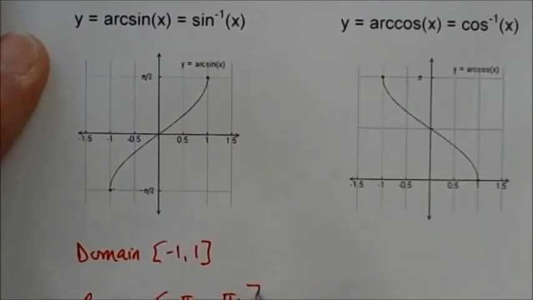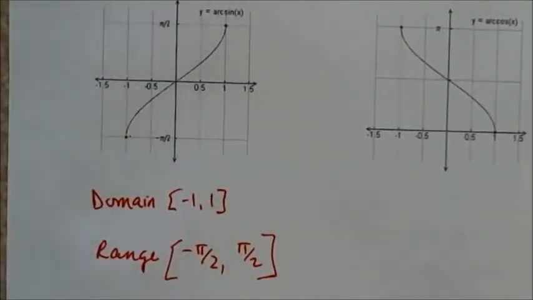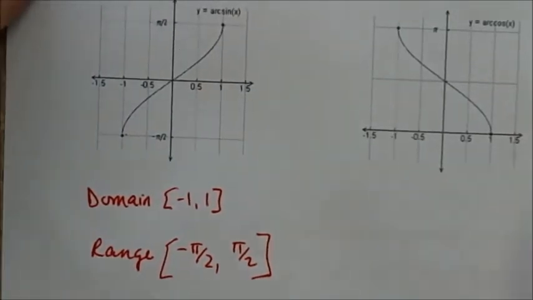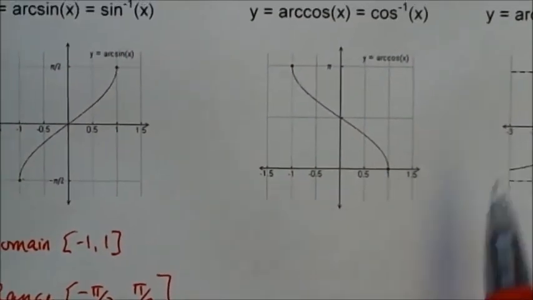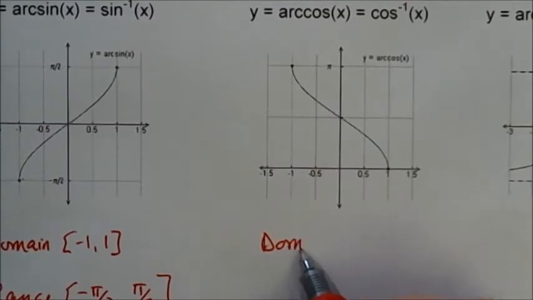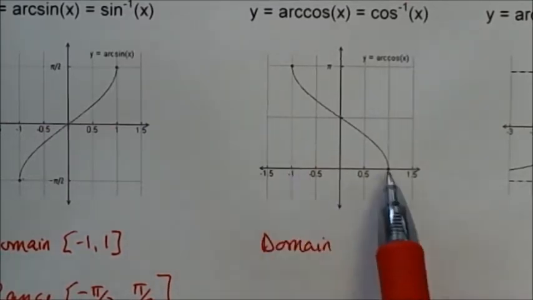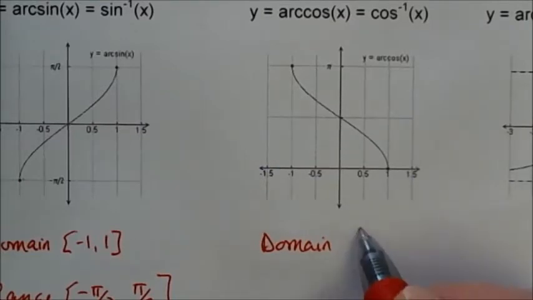Remember, when you're looking at an inverse, what's happened is you switch the x and y coordinates. So our x and y values have switched. Y equals arc cosine, or cosine inverse of x. Here's the graph. Domain: x's are going from -1 to +1.